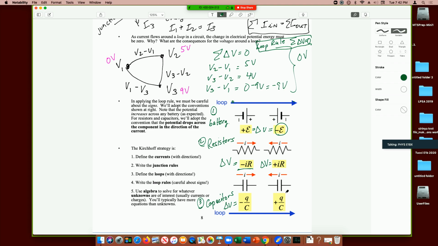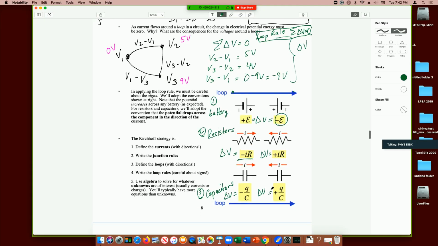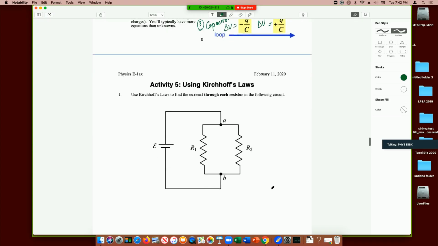If the loop direction is in the opposite direction of the current, then the change in potential is positive. These are just rules. So let's apply this.